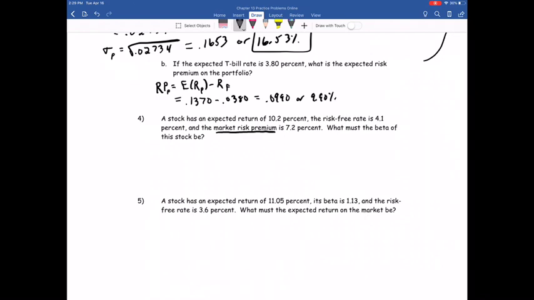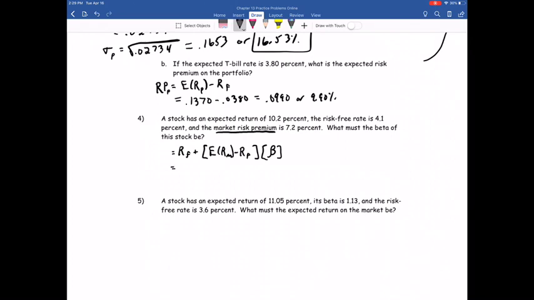So keep that in mind that when you are using the CAPM, the capital asset pricing model, it is the risk-free rate plus the market risk premium, which we then multiply by the beta of the security that we're analyzing.